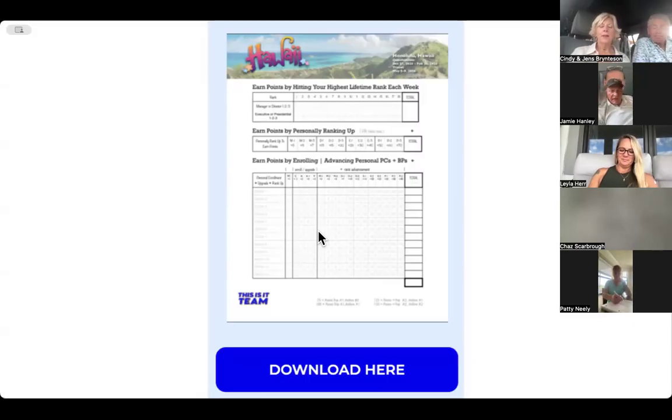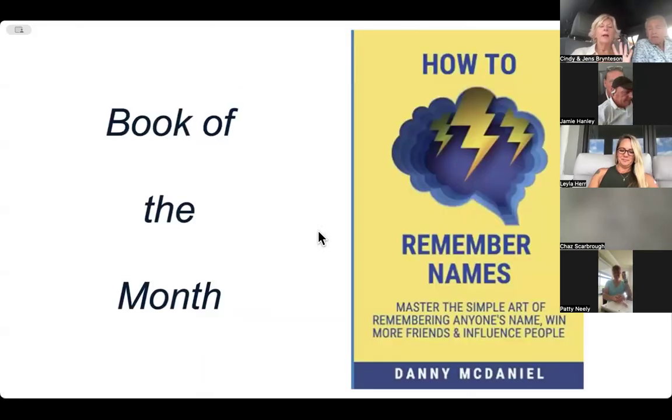And last slide, the book of the month, How to Remember Names by Danny McDaniels. I know I got mine on Amazon. That book of the month link is not completely finished on the team site, but you can go on Amazon and order this book. Just get it. It's going to help you. I know it's going to help me.